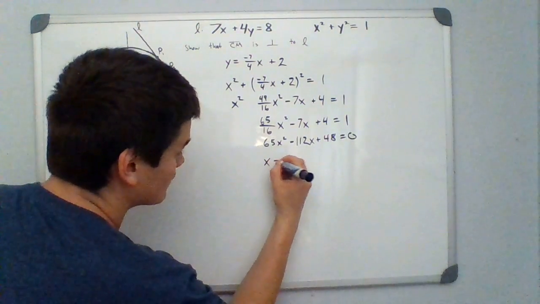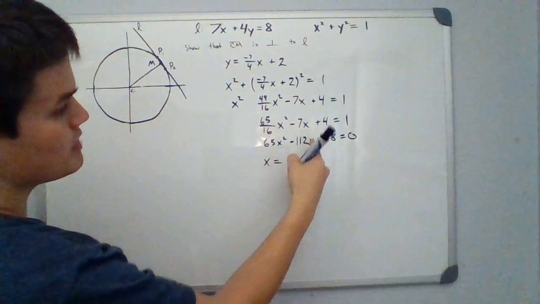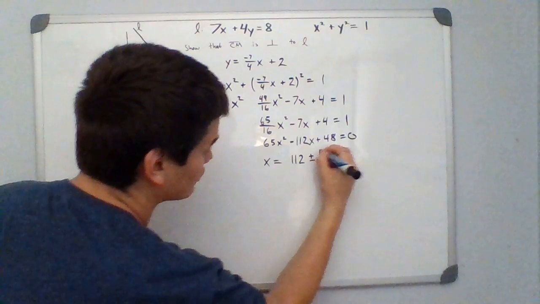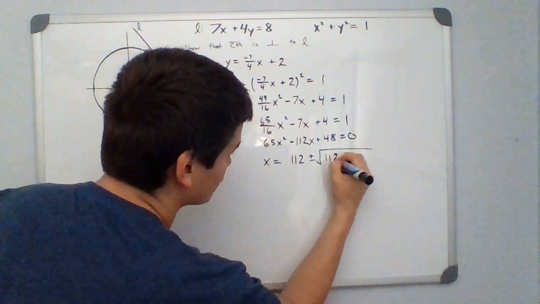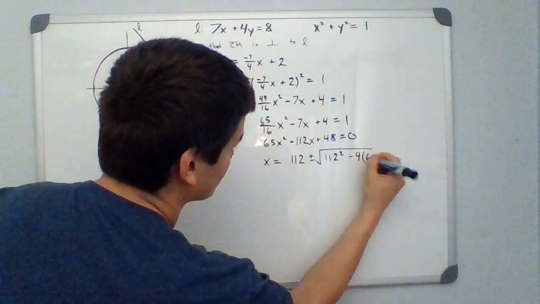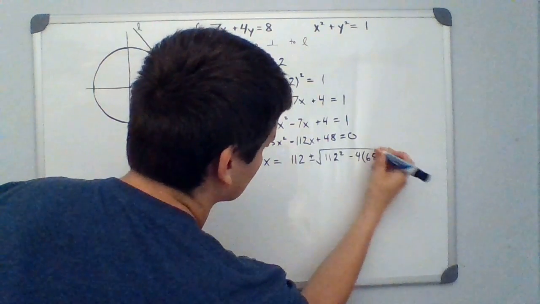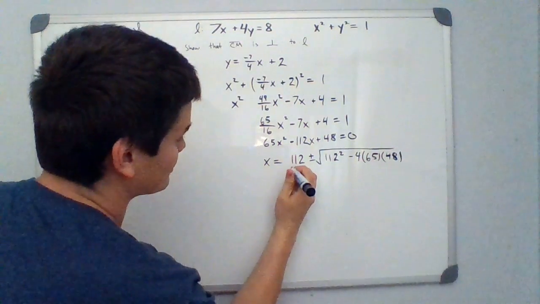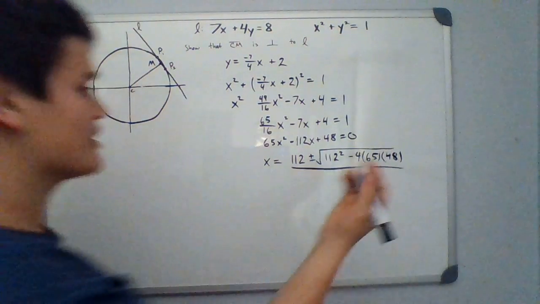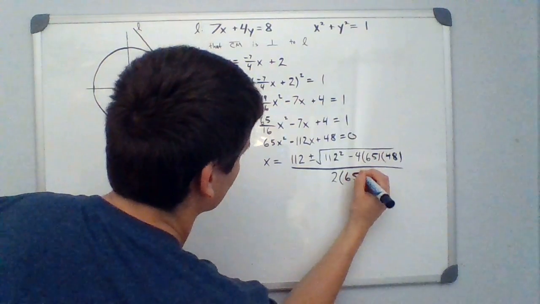Well, x is equal to negative b, or in other words, 112, plus and minus the square root of 112 squared minus 4 times 65 times 48. Yeah, this is much easier than doing the whole algebra for completing the square every time. All over 2 times 65.